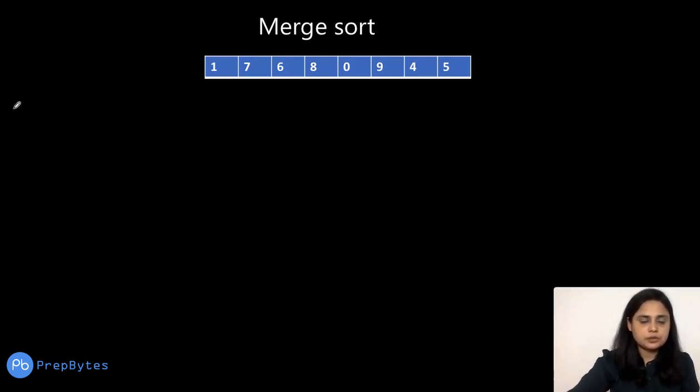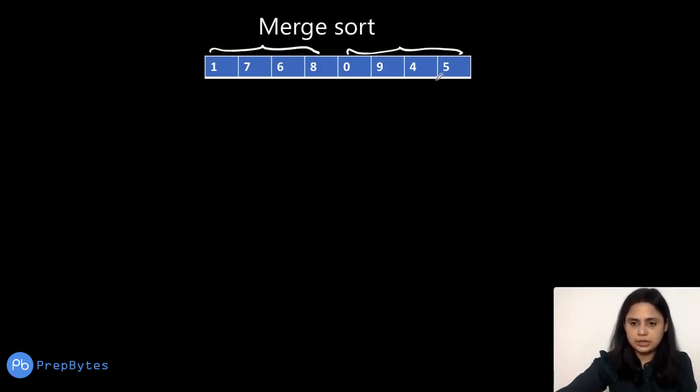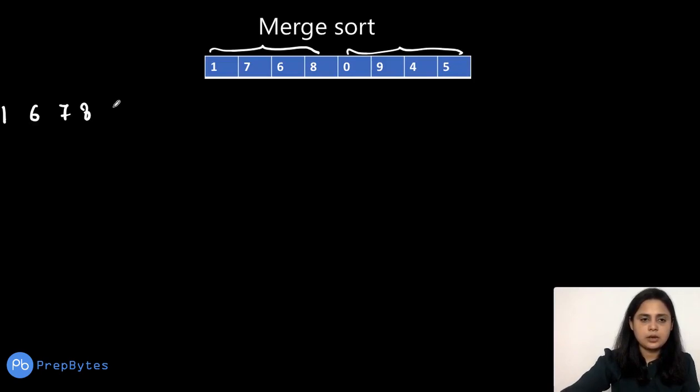Now let's say this array is divided in two parts, this part and this part, and each of these parts is individually sorted. So let's say this is 1, 6, 7, 8, and this is sorted 0, 4, 5, 9. I hope I have sorted correctly.